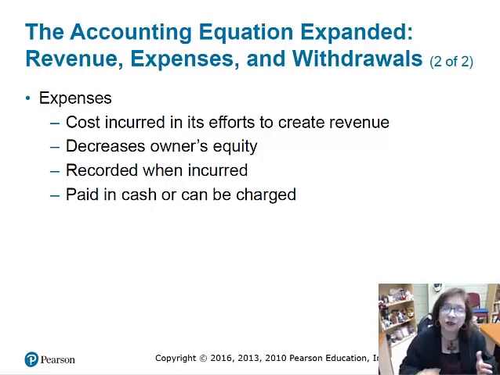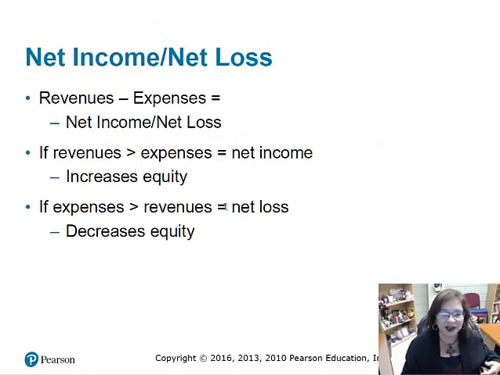Taking money out to make money in the future, hopefully. And they're recorded when they're incurred or when they occur, and paid in cash or a promise to pay in the future, accounts payable.